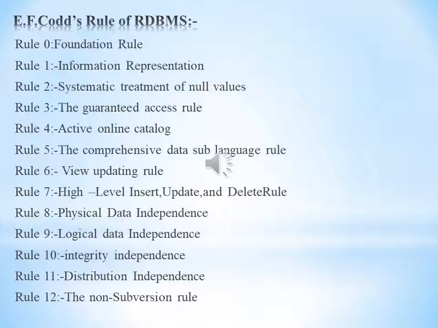The system must support an online, inline, relational catalog that is accessible to authorized users by means of their regular query language. That is nothing but just like ordinary data. The database description is represented at the logical level so that it's possible for authorized users to apply the same language of the regular data to its interrogation.